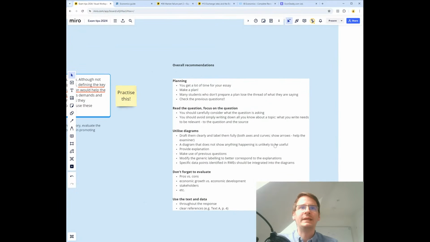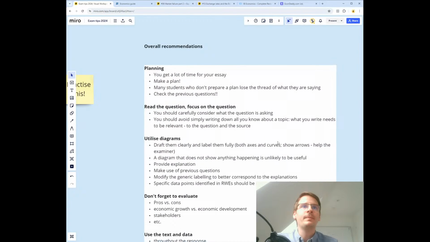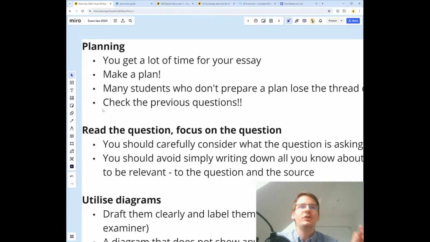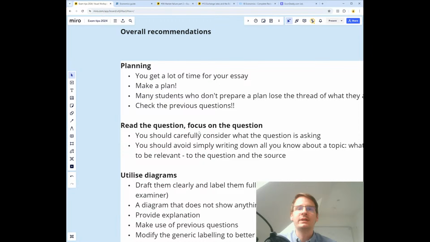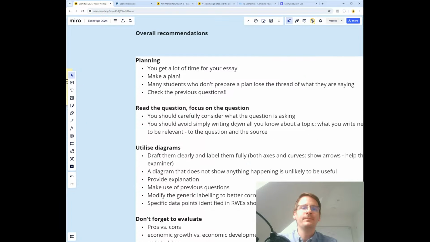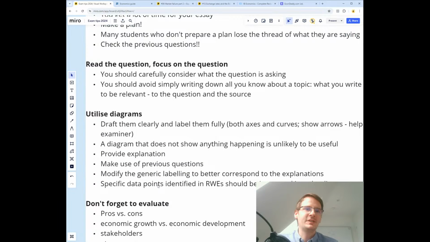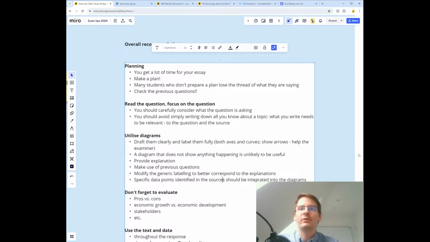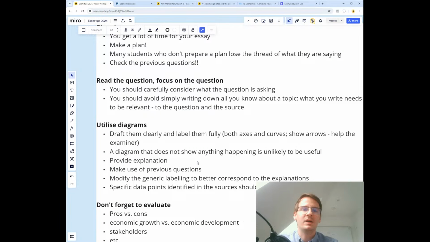Final tips for paper 2. As I said, make a plan, and also check the previous questions. Also read the question and stay focused on the question. And the specific data points identified in the text, or sources, should be integrated into your diagrams if you possibly can.